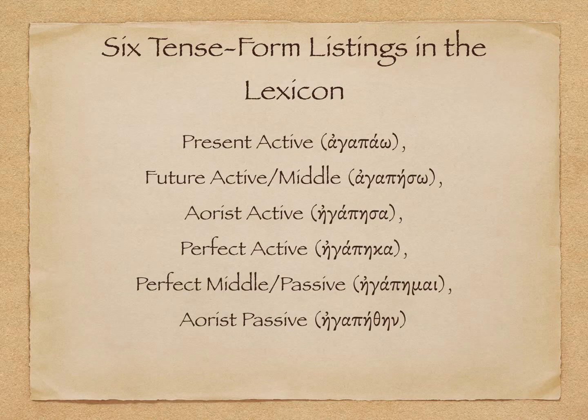We've noted already that in the lexicon there are listings for the different tense forms of verbs, six for each. The present active, that's the actual lexical form, and then five that follow: future active, middle, aorist active, perfect middle passive, and aorist passive.